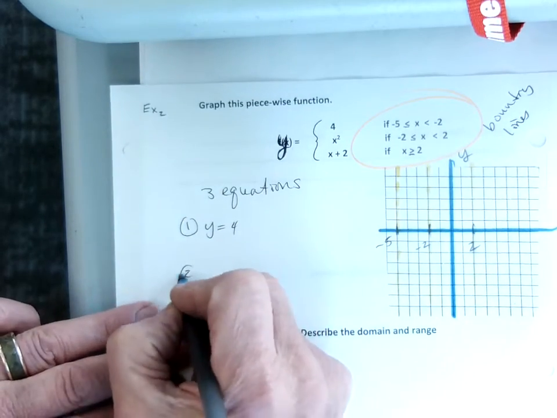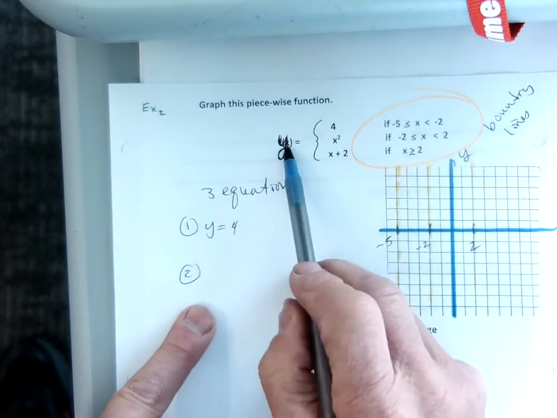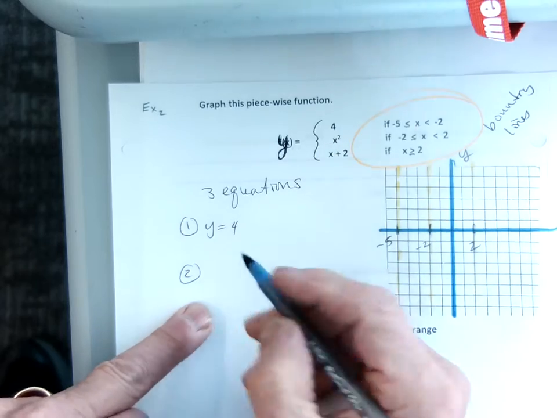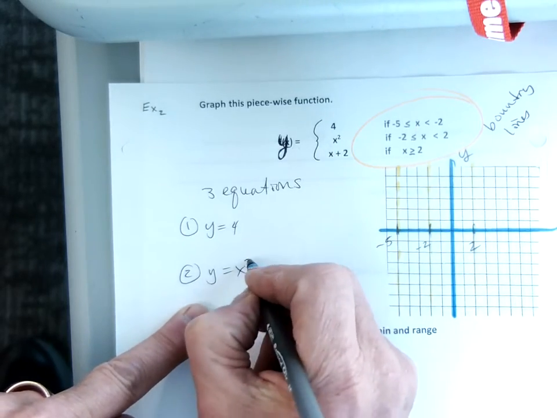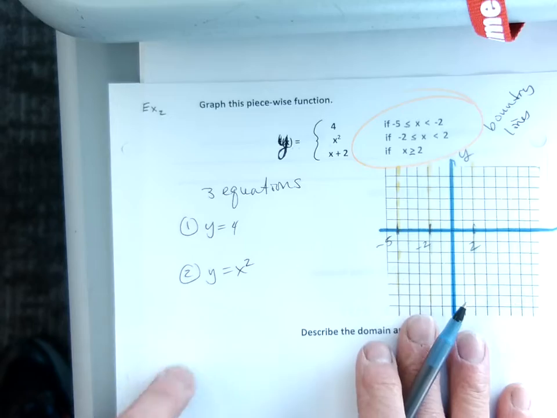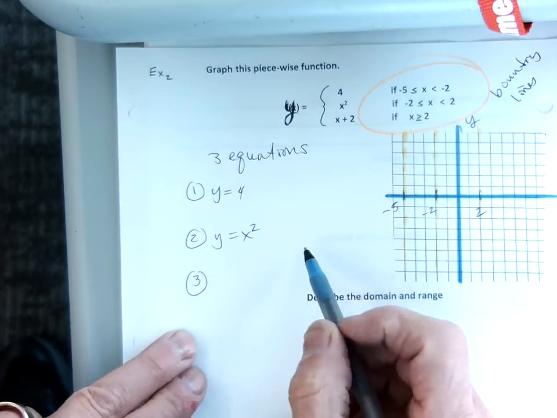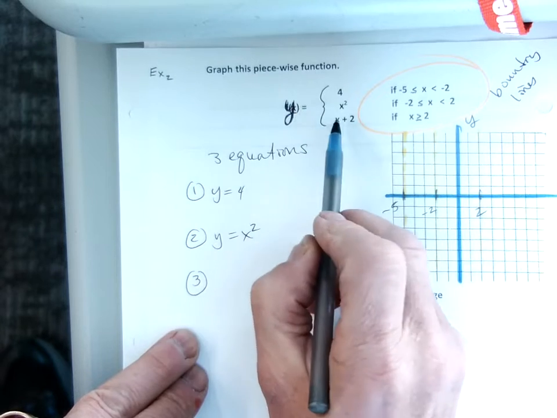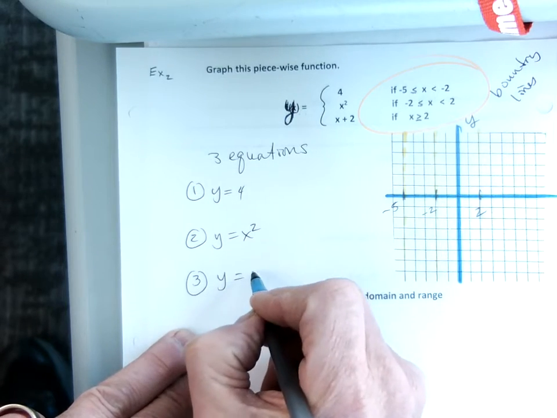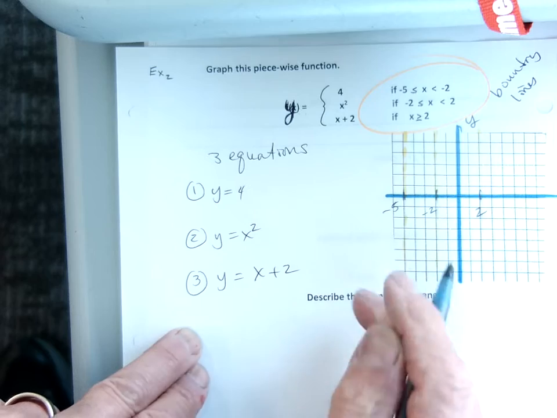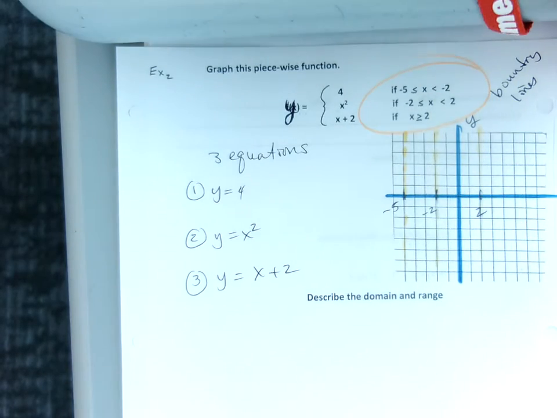My second equation is y equals x squared, okay? And I'm going to help you graph the x squared, okay? And my third equation is y equals x plus 2. All right? Hopefully I'm not going too fast for you.